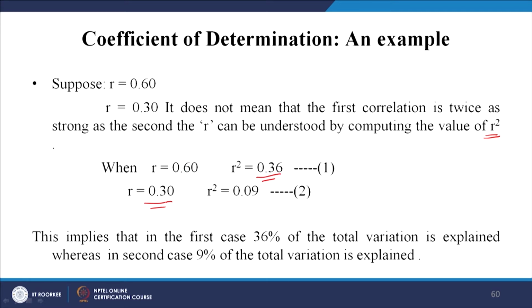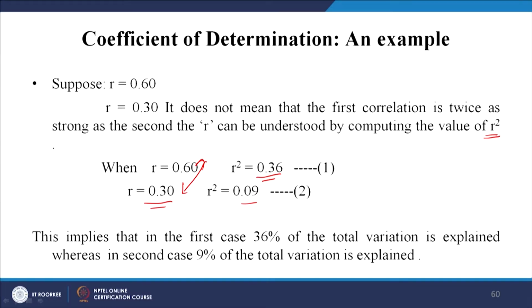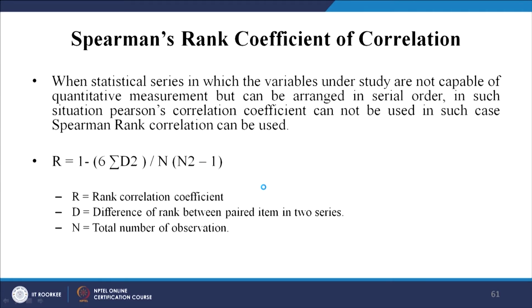In the second case, if my R is 0.3, what is my R square? 0.09. So, it implies that in the first case 36% of the total variation is explained, whereas in the second case 9% of the total variance is explained, which is 4 times, not 2 times, right. From a visual look you could have thought it is 2 times, but actually it is 4 times. The explanation it is giving you is 4 times.